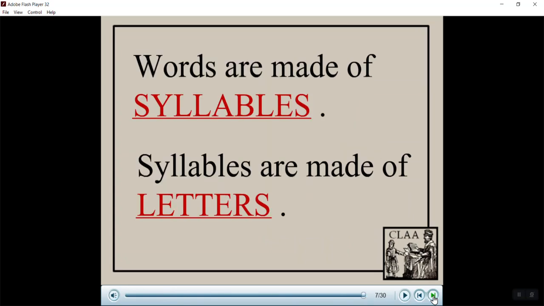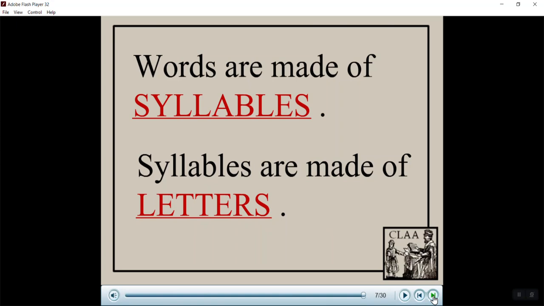We also learned that words are made of syllables, and we learned that syllables are made of letters. We've been studying letters and their sounds. We've also been reading and spelling syllables made up of those letters.